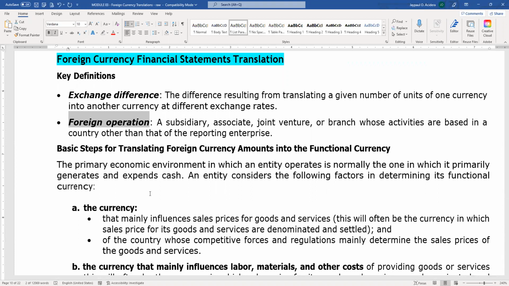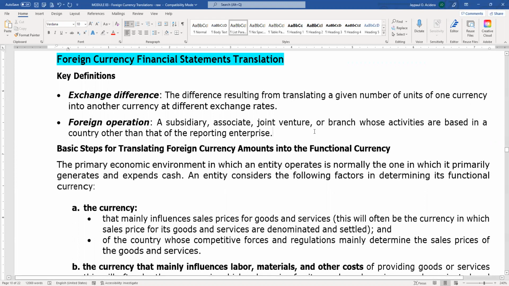For example, in our problems here, we are going to assume that the parent company is in the Philippines, and then meron tayong a branch abroad. So that is considered a foreign operation. Let's just assume that meron tayong branch sa Singapore. So yung branch natin sa Singapore, that is considered a foreign operation.